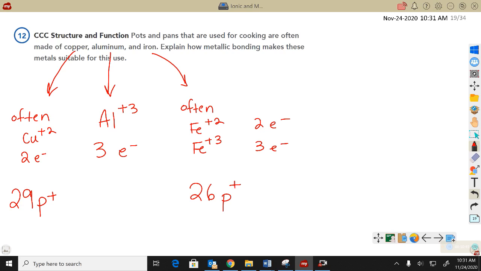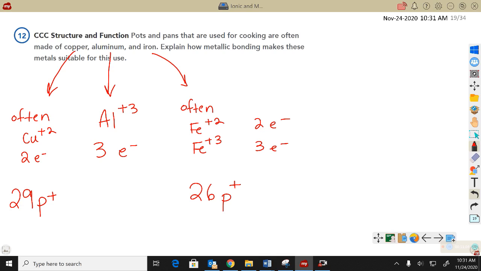So we end up with pretty positively charged nuclei, which will create a pretty strong attractive force to the electrons. Now, obviously, there are transition metals that have even more protons than 29 or 26.